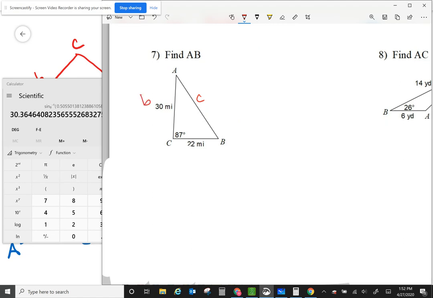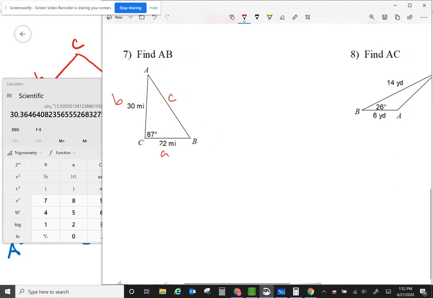Remember, this is side B and this is side A. Remember, when I have two of the same, I'm just going to use law of sines. When I have angle A inside A, or angle B inside B, or angle C inside C, I'll use law of sines. Since I don't, I'm going to use the law of cosines.